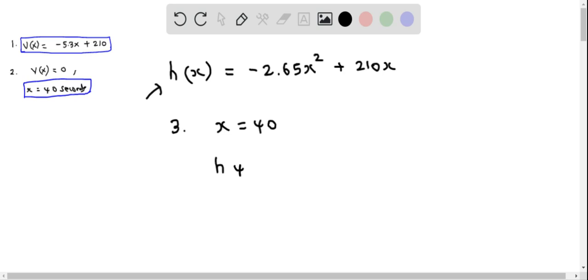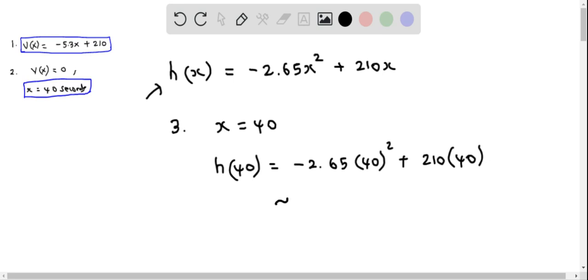So therefore we get h of 40, and this equals negative 2.65 times 40 squared plus 210 times 40. And when we plug this into the calculator, we approximately get 4160, and this is in feet. So this is the greatest height reached by the arrow.